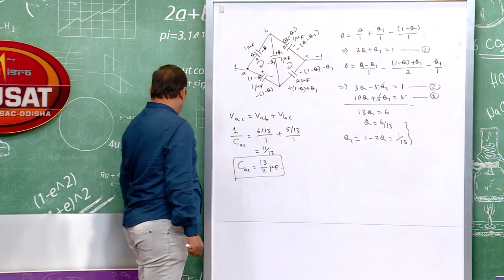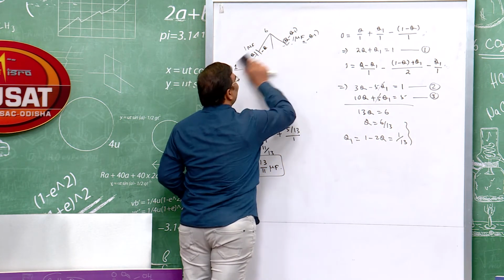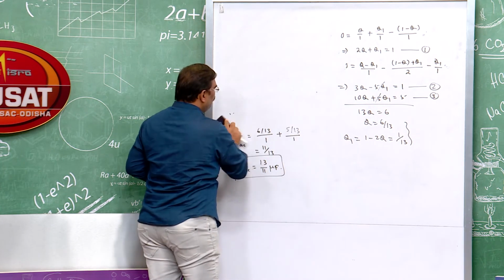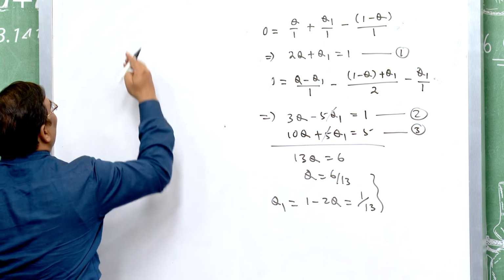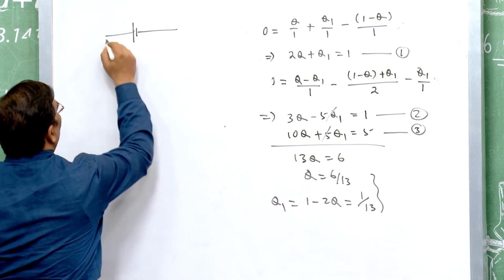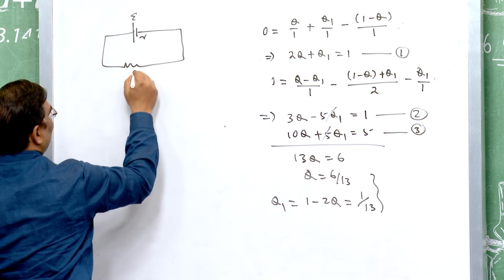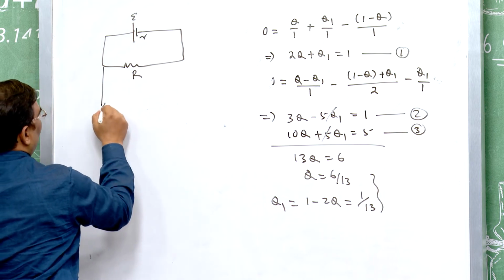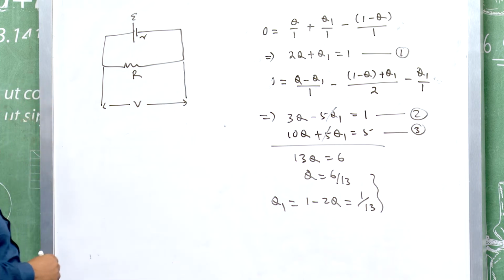What is the concept? We have to connect a voltmeter. Suppose I have a battery, there is a resistance R, and now I connect a voltmeter across this resistance.